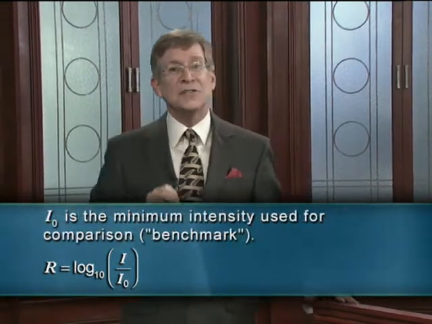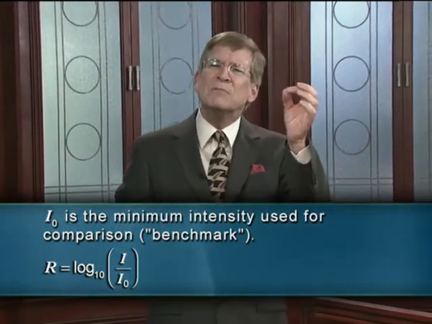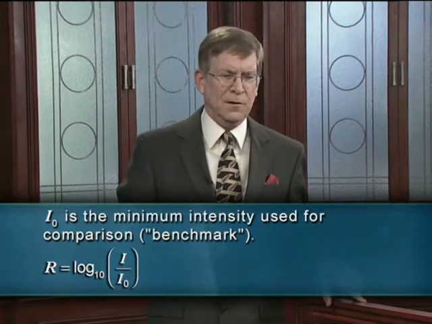And here I sub 0 is called the benchmark intensity. It's the minimum intensity used for comparison. Intensity is a measure of the wave energy of an earthquake. Again, I'm not going to use these examples today, but if you're reading a geology textbook, you'll probably bump into this definition. And now you know what it means.